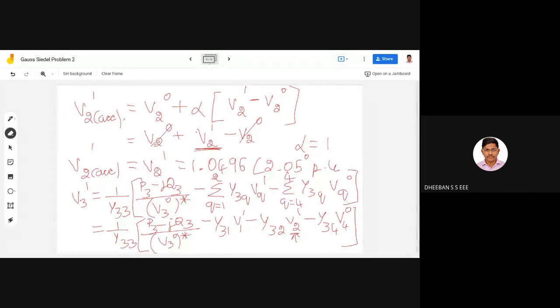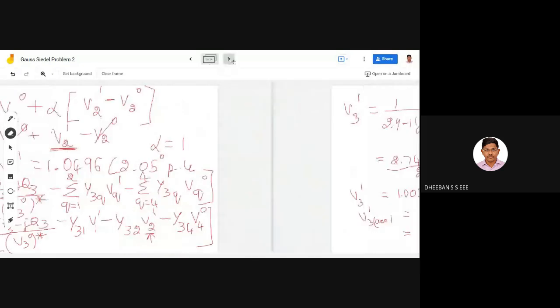So you are getting around 1.048, right? Yes, sir, 1.048489. Okay, you just change it. Here I have made a mistake, while calculating also.